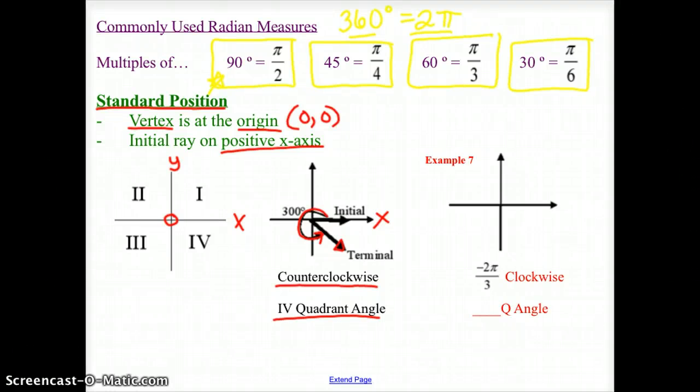For example 7, we are going to draw an angle, and it says to draw an angle that is negative 2 pi over 3. Now, for most of us, we are not very familiar with radians. So what we can do is take 2 pi over 3 and convert it to degrees.